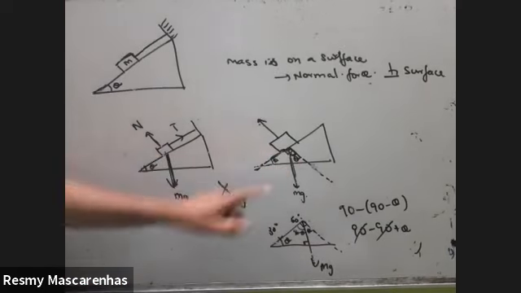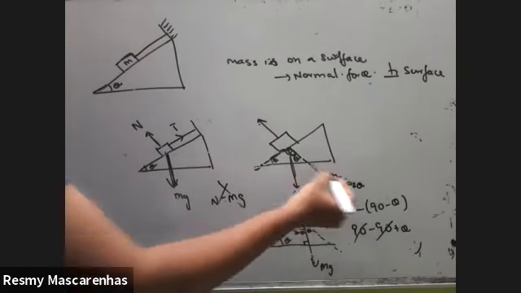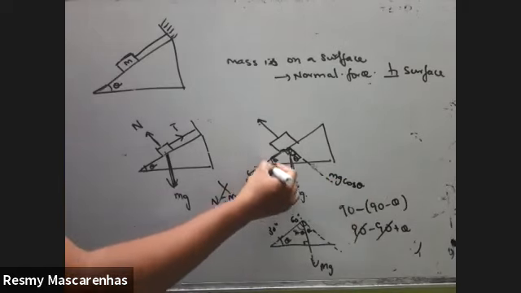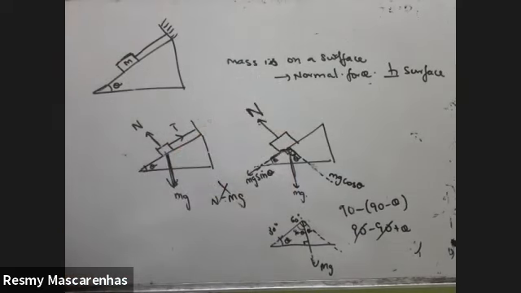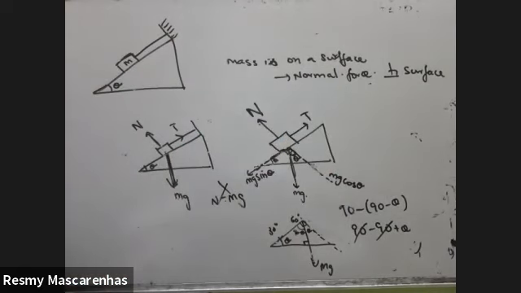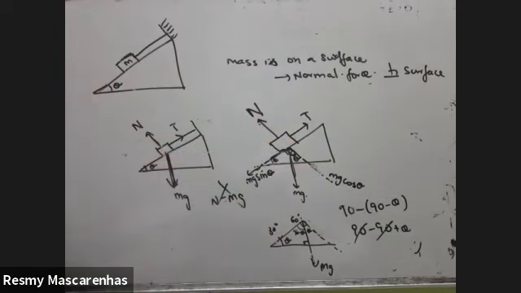So if this is your theta, what will be the components? This will be mg cos theta, and this will be mg sin theta, and this is your N, and this is your tension. So these are exactly opposite, and these are exactly opposite.